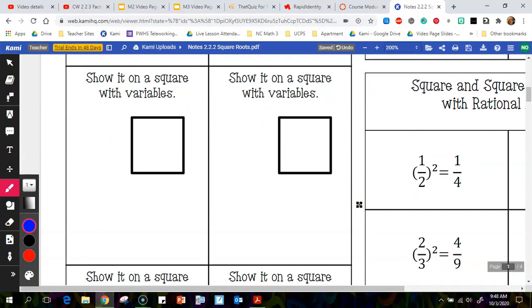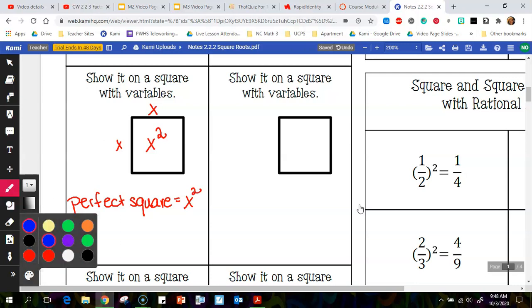Okay, let's go down here and we'll do both sections at the same time. Show the perfect square on a square with variables. So if we had an x here and an x here, then the perfect square would be x squared. Okay, so that's a perfect square.